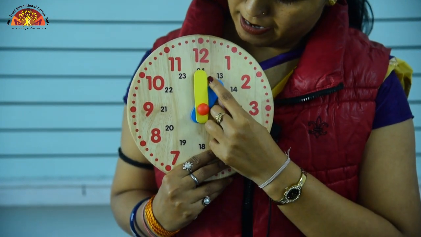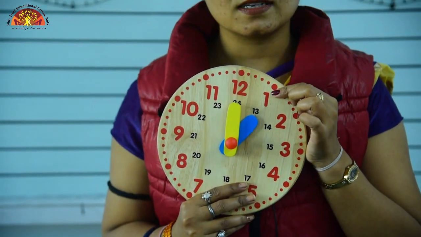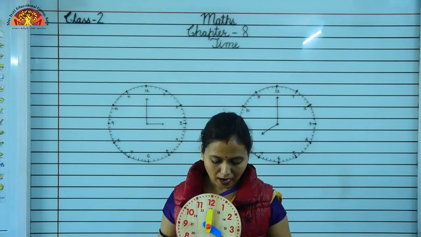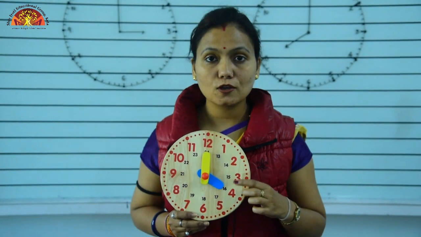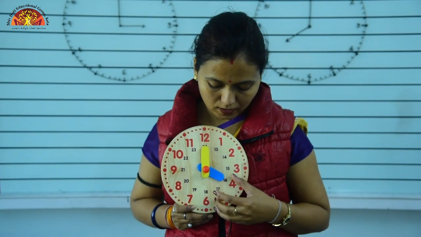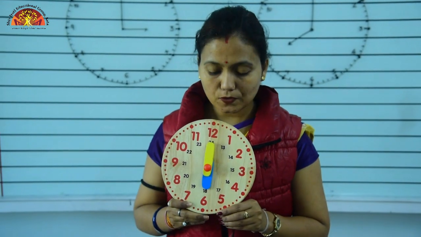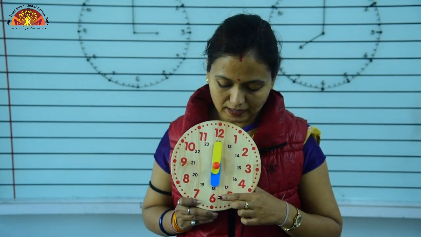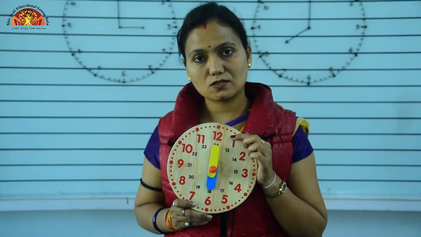If the hour hand is at 1 and the minute hand is at 12, we can say it is 1 o'clock. Now here you can see the hour hand is at 4 and the minute hand is at 12, so it is 4 o'clock. Now if the hour hand moves to 6, it is 6 o'clock.